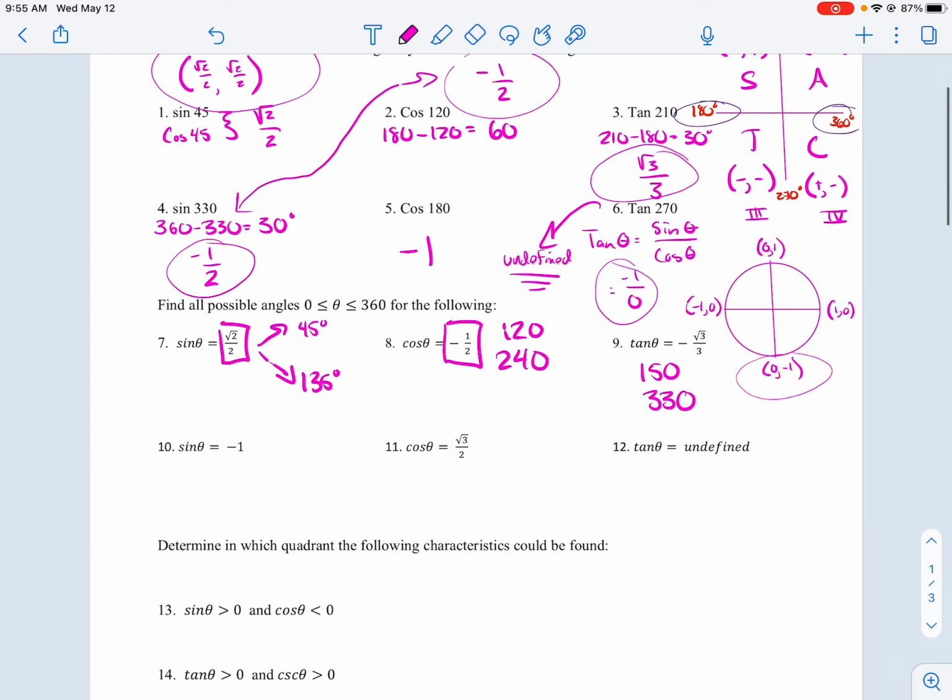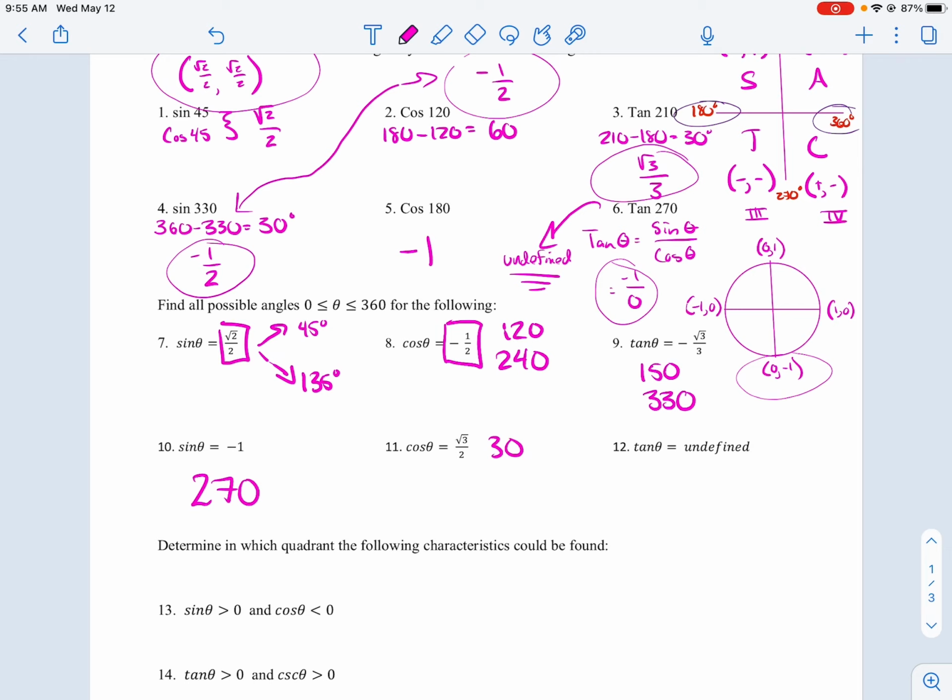Okay, when we have a sine value of negative 1, it's already circled on your screen there. That is at 270 degrees. When do we have a positive cosine value of square root 3 over 2? That's first going to be in the first quadrant, which is 30 degrees.